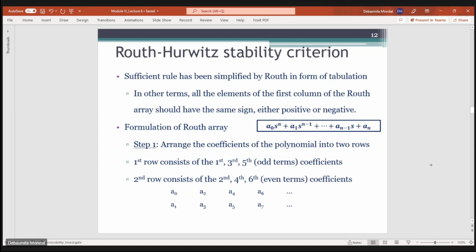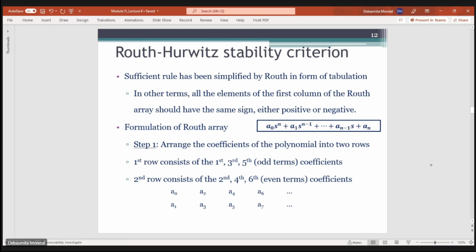So let us say this is the polynomial which is provided to you: A0 s to the power n plus A1 s to the power n minus 1, and so on. The first step in formulating this Routh array for checking whether the system is stable or not is that you will have to make two rows. So what will the two rows have?